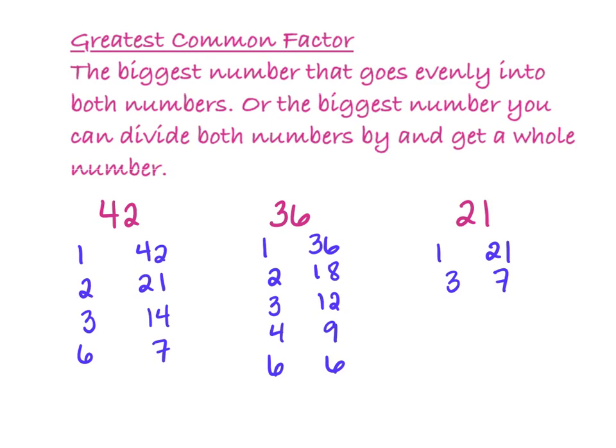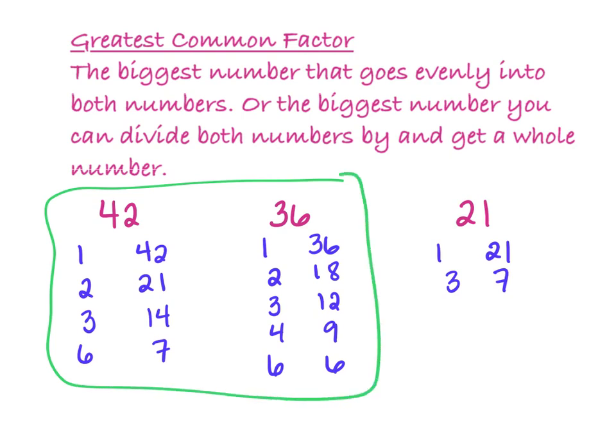So let's take a look first at 42 and 36. If I look at all my factors of 42 and 36, what you might notice about the way we've set this up is the bigger numbers are all over here. And since we're looking for the greatest common factor, the biggest number, then we want to check out over here.